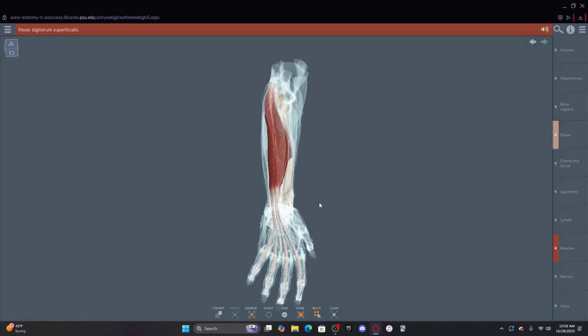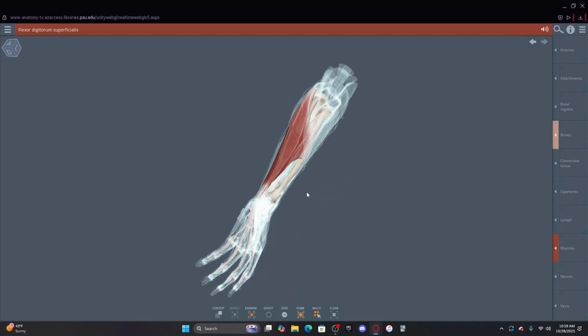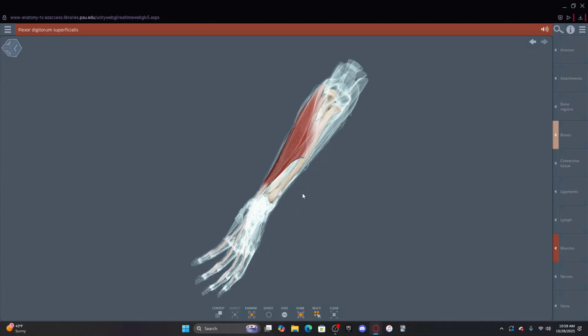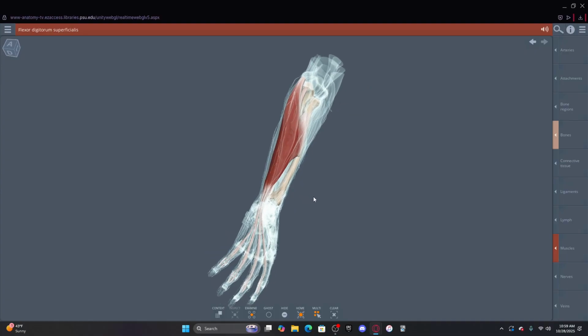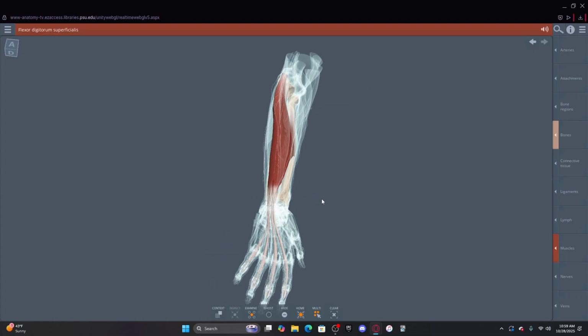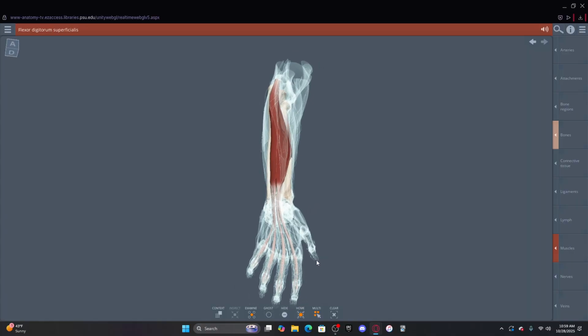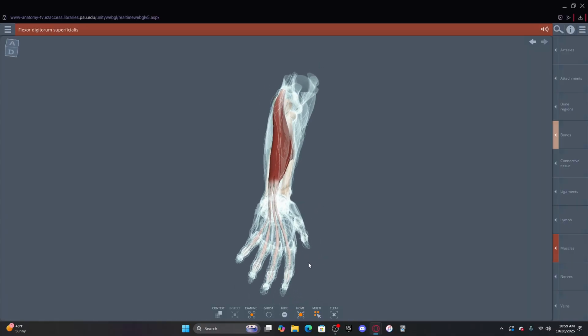So flexor digitorum, digitorum, digits. It's going to be flexing the digits, and it's a superficial muscle. It's going to attach to the intermediate phalanges of digits 2 through 5, otherwise known as the proximal interphalangeal joint, the PIP joint, right? So it's going to be attaching to those joints.